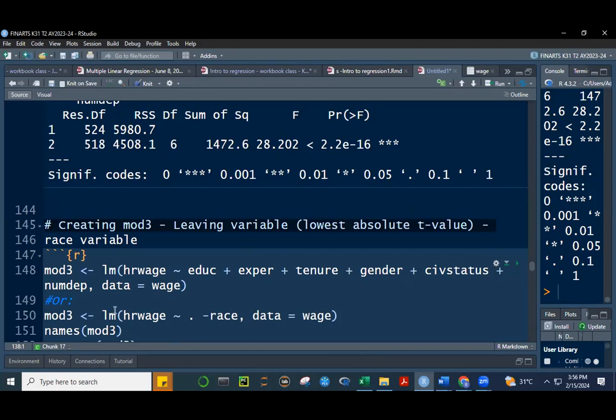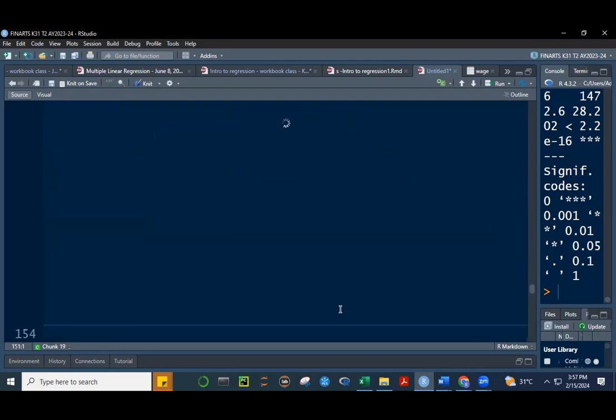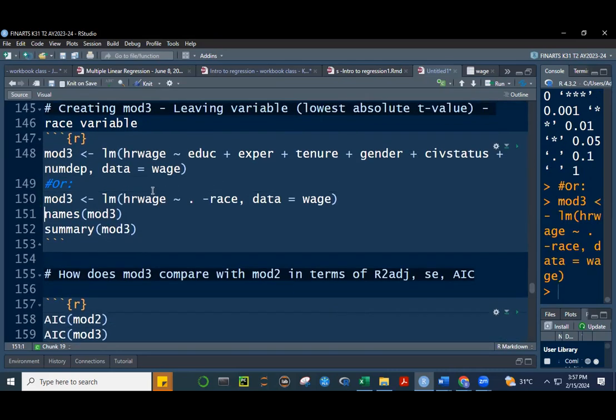Or the easier way is model 3, lm hourly wage regress on everything, and then minus race. Pareho lang yan, class. Negative race, so tatanggalin natin from everything si race. All right, so I'm going to run this, class. Okay, and I will now have a model 3 and then isa-summarize ko siya.